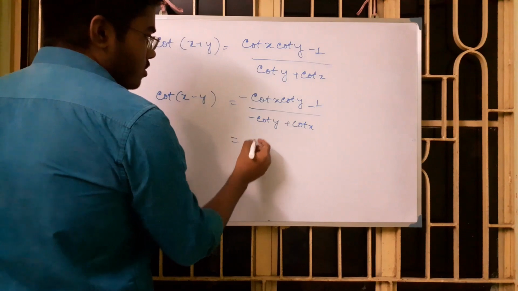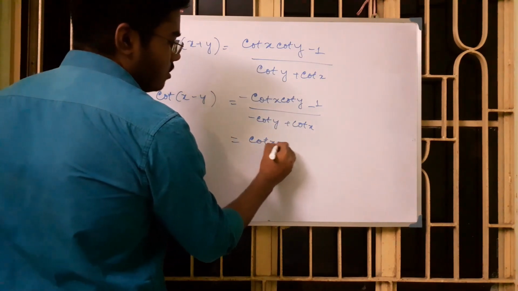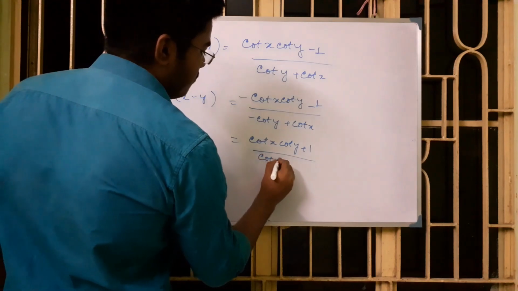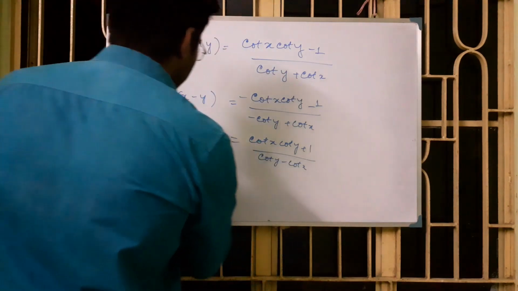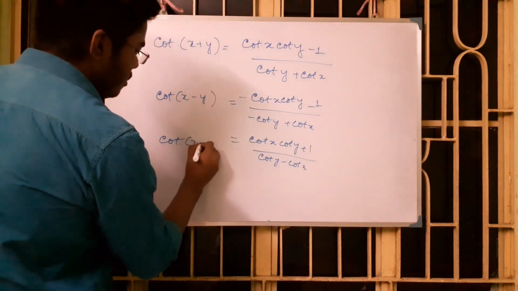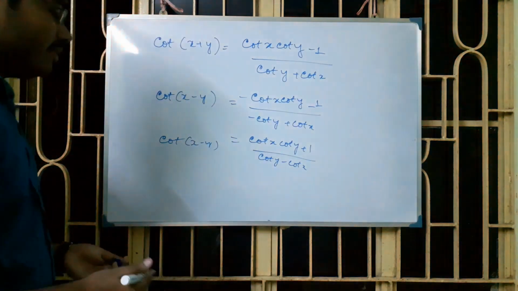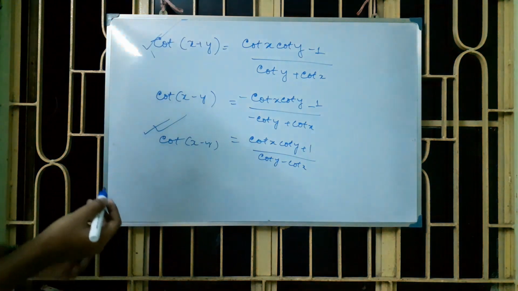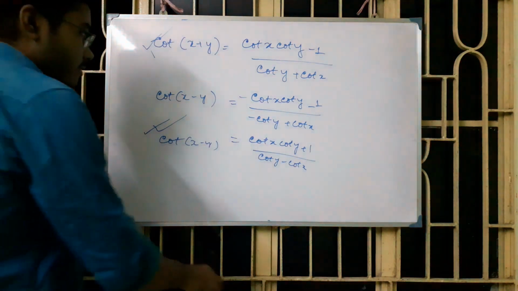Take the minus common, so (cot x cot y plus 1) upon (cot y minus cot x). So this is how all the x minus y thing is done.